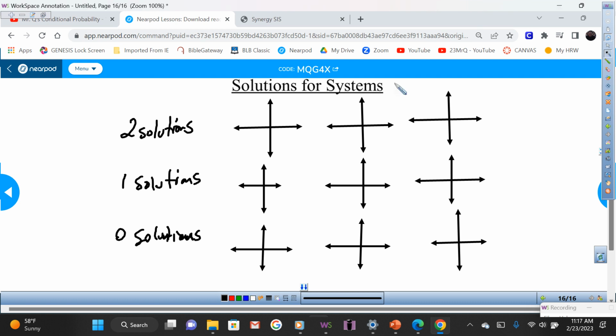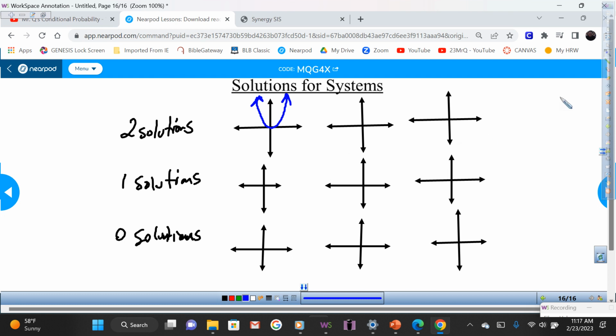I'm going to start with two solutions. I'm going to start with a parabola in blue, the parent function. There it is. That's the parent function of a parabola.